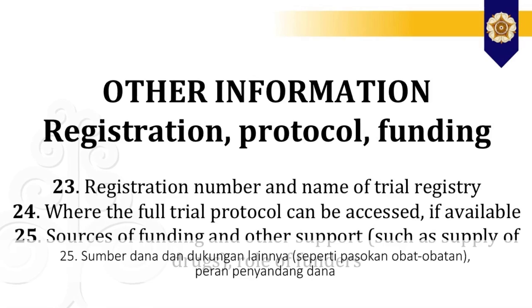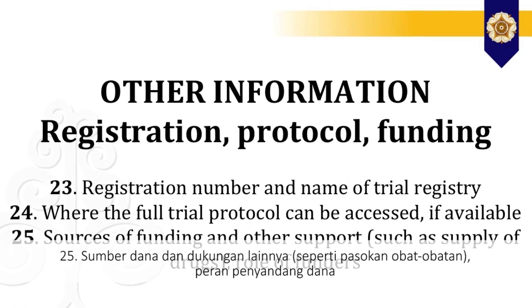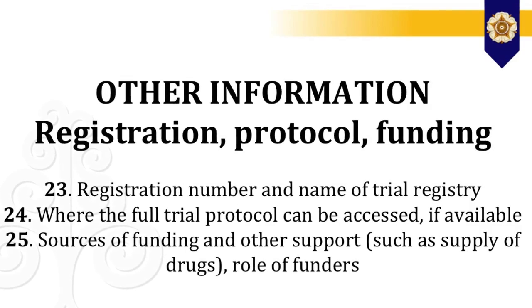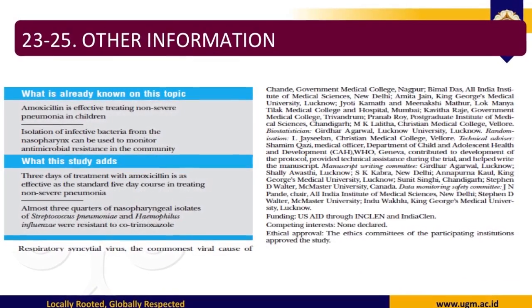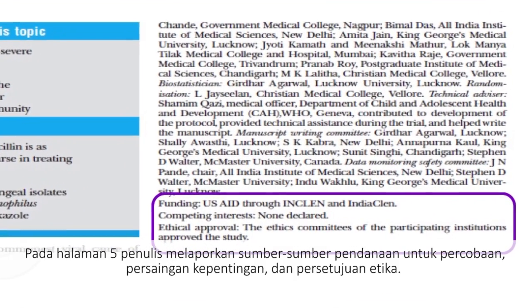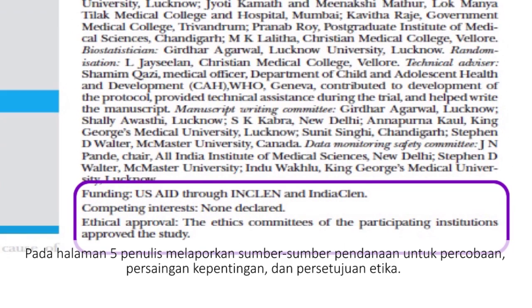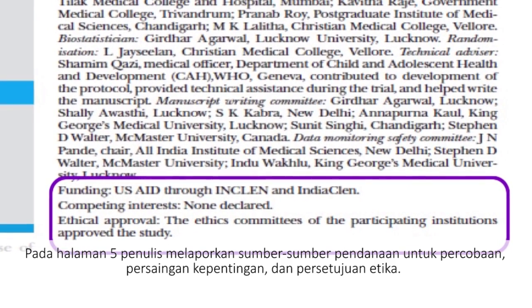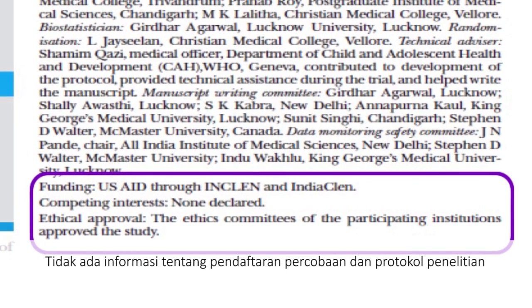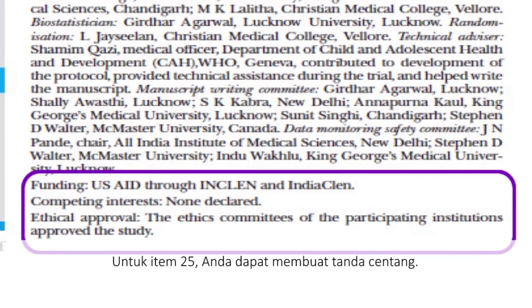Sources of funding and other support, such as supply of drugs, role of funders. On page 5, the authors report the sources of funding for the trial, competing interests, and ethical approval. There is no information on trial registration and protocol of the study. For item 25, you can make a tick.